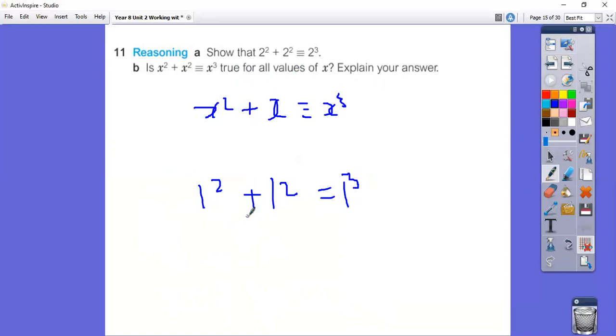Try some values, see what happens. You can use a calculator. So is it true for all values of x, or will it be different if I use another number? Say, for example, if I chose to use number 2, is 2 squared plus 2 squared always equivalent to 2 to the power of 3?